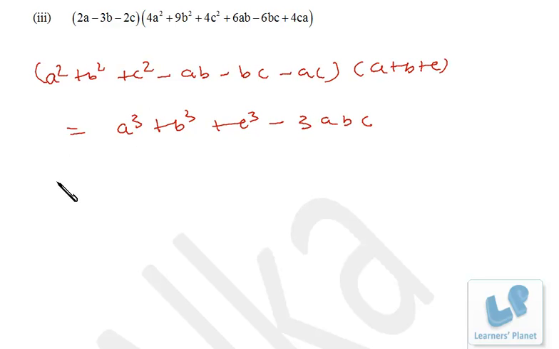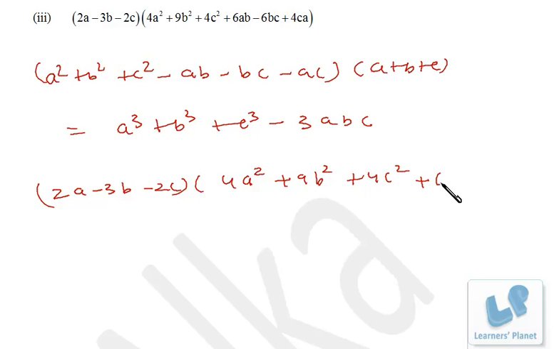Okay, so here this is what? 2a minus 3b minus 2c into 4a square plus 9b square plus 4c square plus 6ab minus 6bc plus 4ca is equal to, what do I do? A cube.